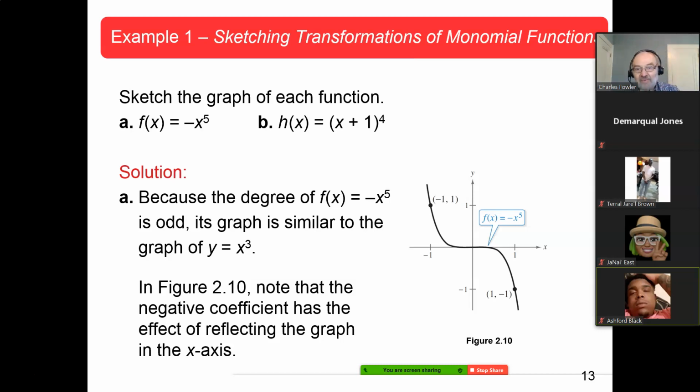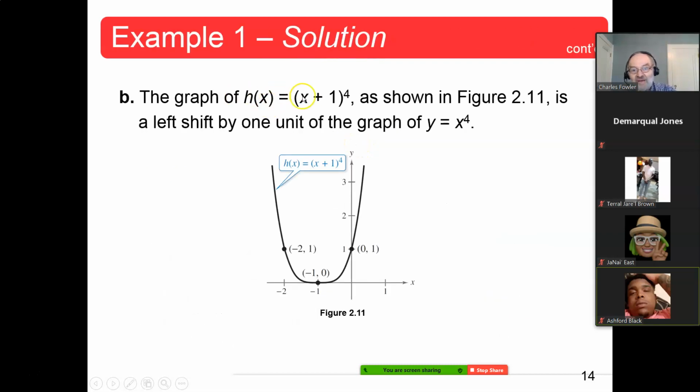Okay, I've just shown their f of x is equal to minus x to the 5th. Notice it's reverse of what it normally is because the minus sign reflects it across the x-axis, but steeper through -1 and +1, flatter near 0. Okay, the B one here is now the graph of (x plus 1) to the 4th.